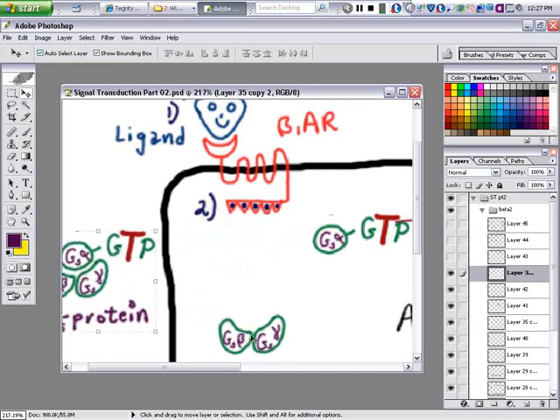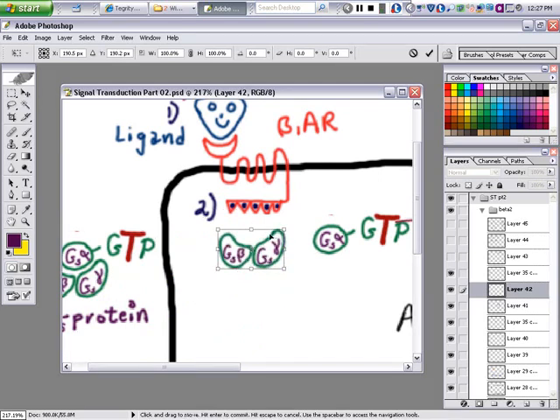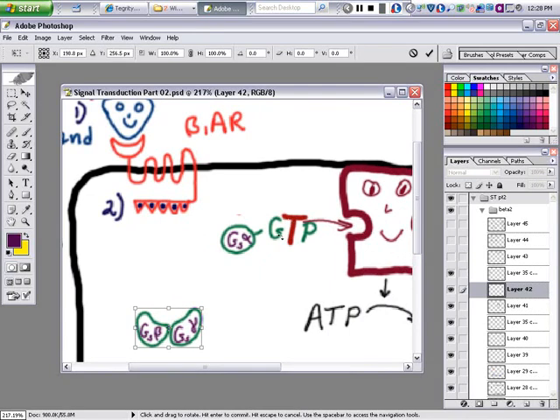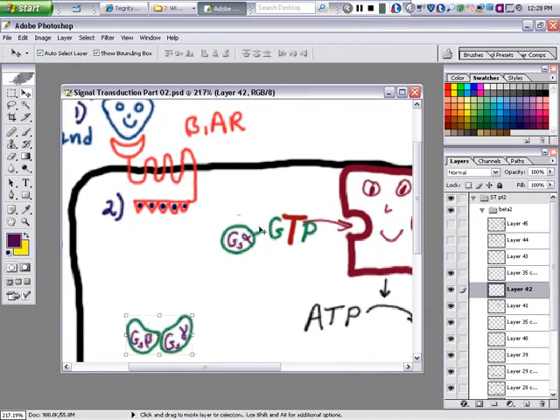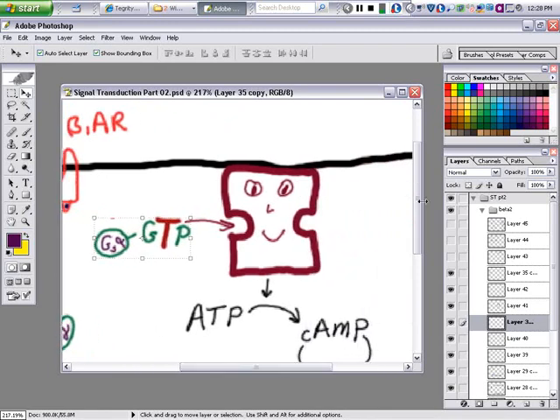So this is the situation we're left with, and now we have activated G stimulatory alpha. G stimulatory alpha now moves to another protein in the membrane. It binds to that protein, and it activates that protein. And this is where we stopped last time.